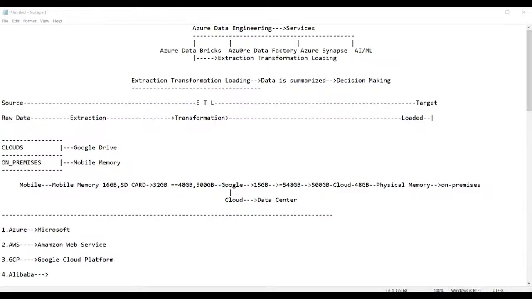Combinedly we'll see a type of project anyway, a case study you can say, not exactly a project, a case study I can show you.